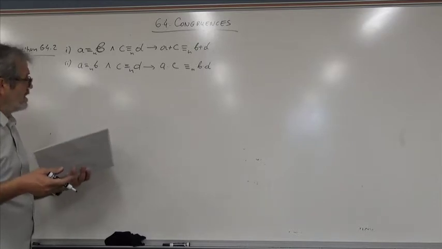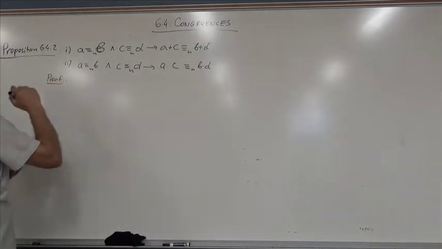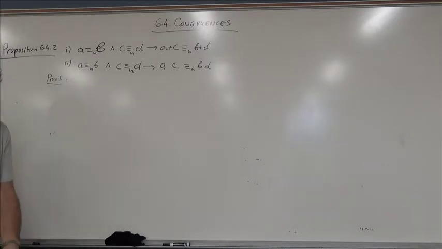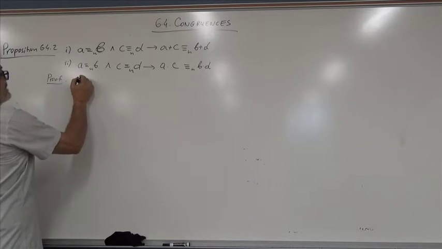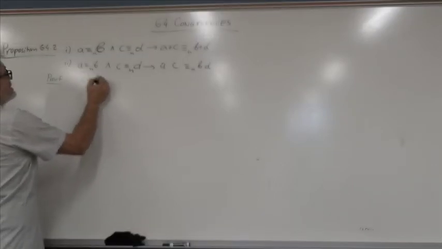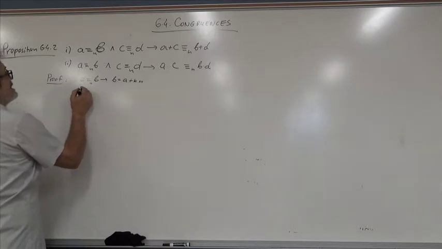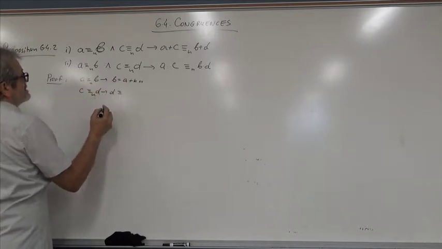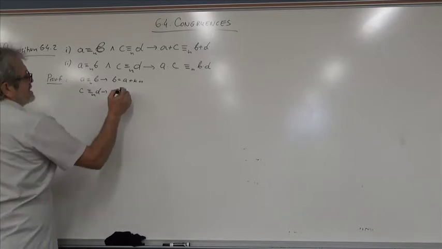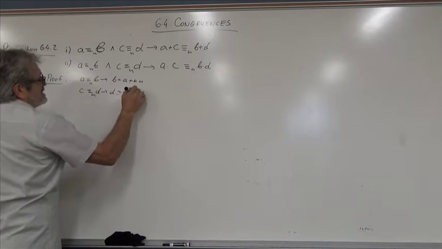So the proof is fairly easy. How do I write the proof? If A is congruent with B mod n, that means that B equals A plus Kn. C congruent with D mod n means that D is equal, sorry, C plus Ln.